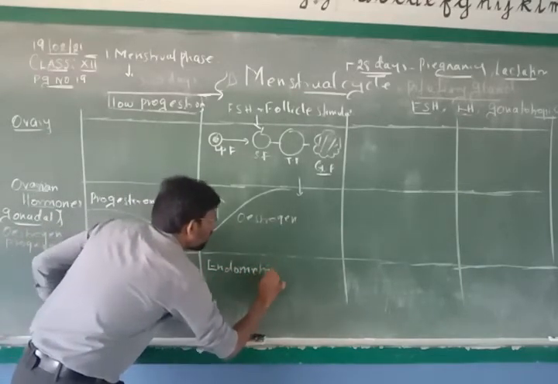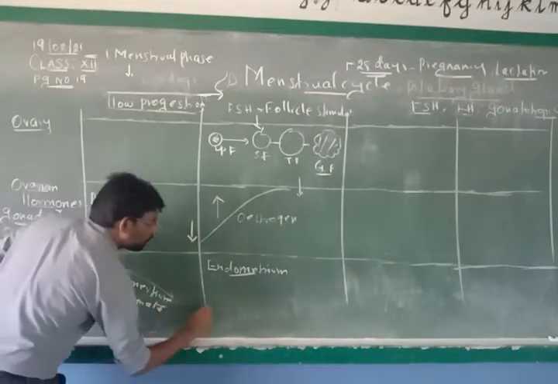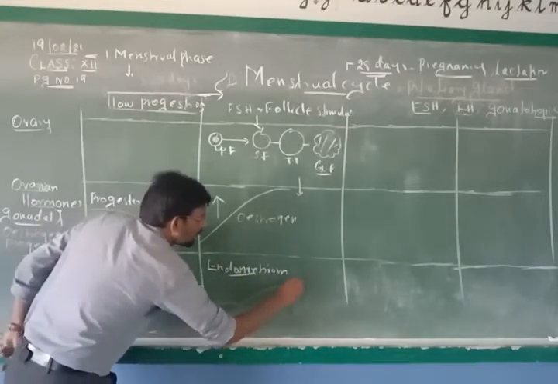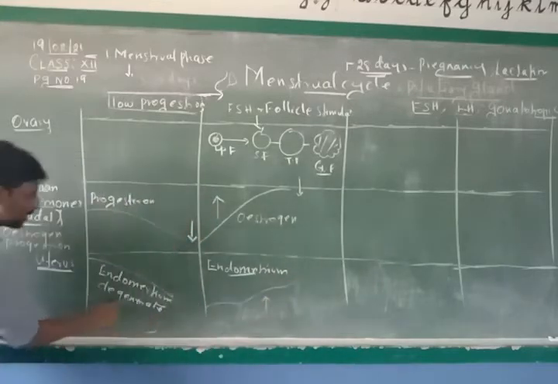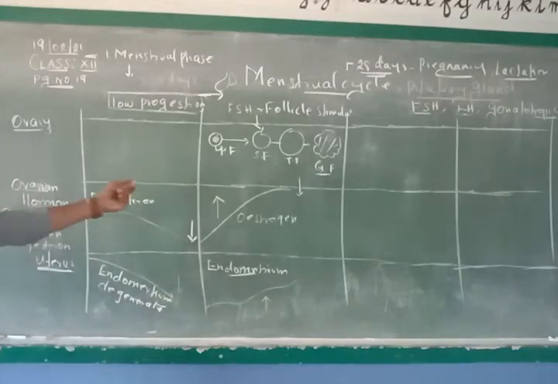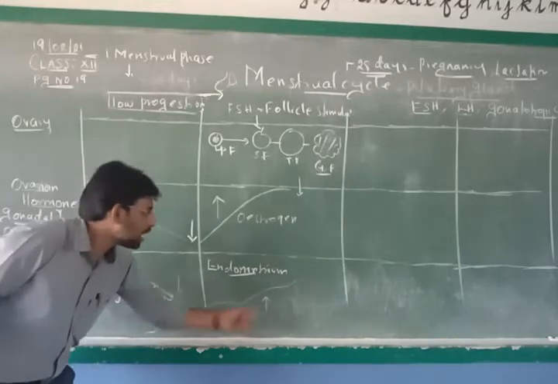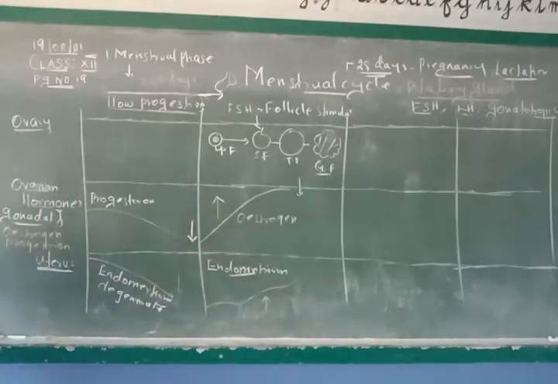And whenever estrogen is there, don't forget it, the endometrium will start regenerating. Here it decreases, here it regenerates. The endometrium degenerates because the hormone progesterone is not there. The endometrium regenerates by the hormone called estrogen.